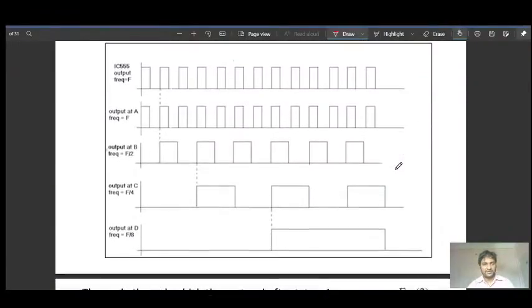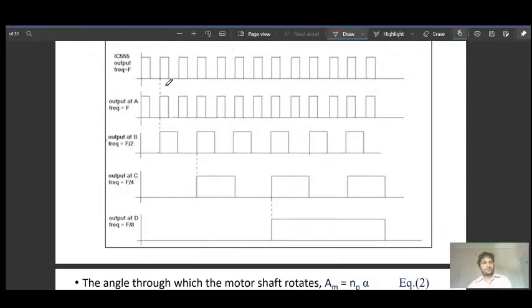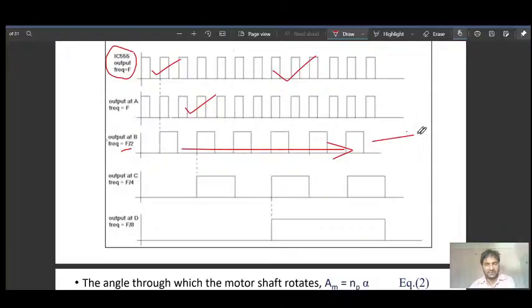So we have seen that if this IC board supplies frequency F, and we are operating at this frequency, equal frequency, then we will get the same pulses. Again at half frequency we will get half pulses. Here full pulses are given, but here due to the operating frequency we are getting only half pulses, and then here one-fourth pulses we are getting. So 3 pulses are missing, and here out of 8 pulses we will get only one pulse.